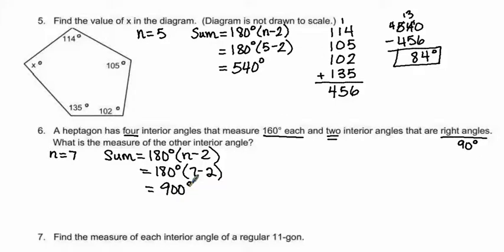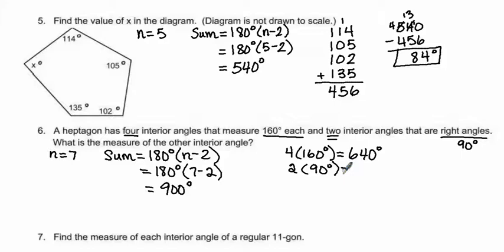So we know that our total for all 7 has to be 900 degrees. We have 4 of them at 160 each. So 4 at 160 degrees each, let's multiply that out. Gives us 640 degrees.